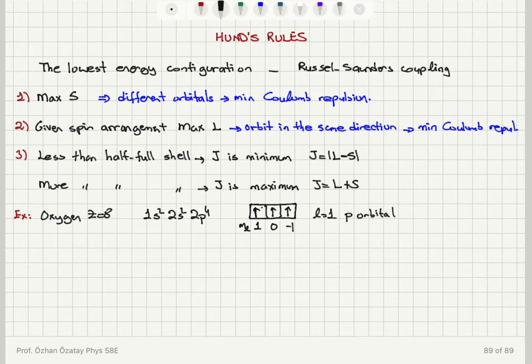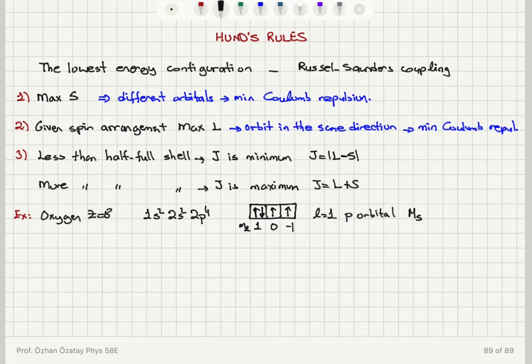From the Pauli exclusion principle, we have to reverse the direction of the spin, and we're going to put the fourth spin not in the minus one but in the plus one in order to make sure that L is maximized.